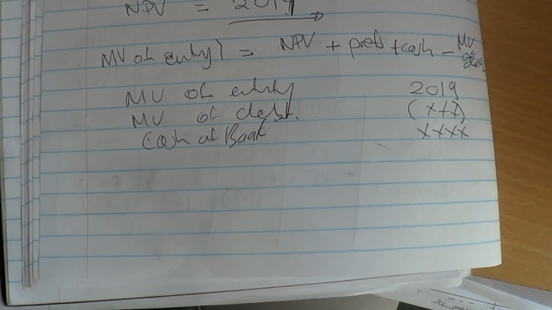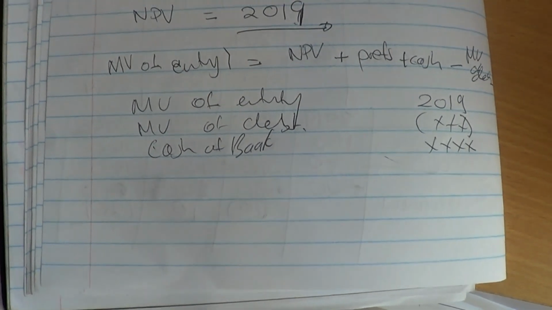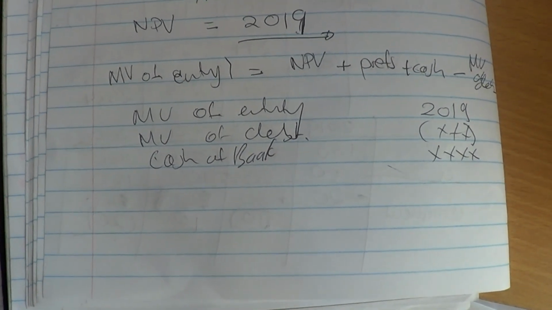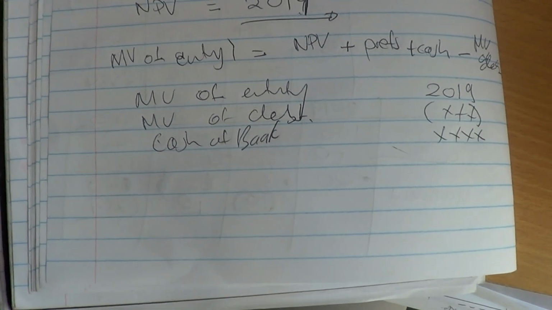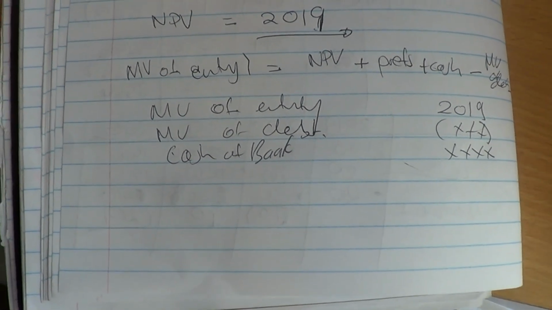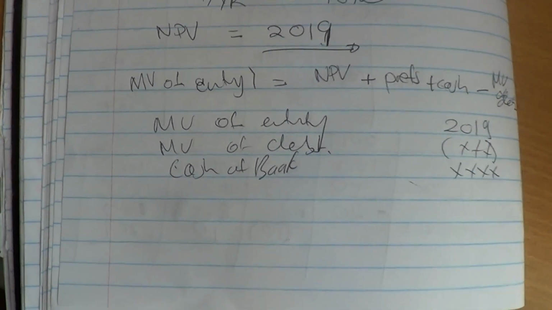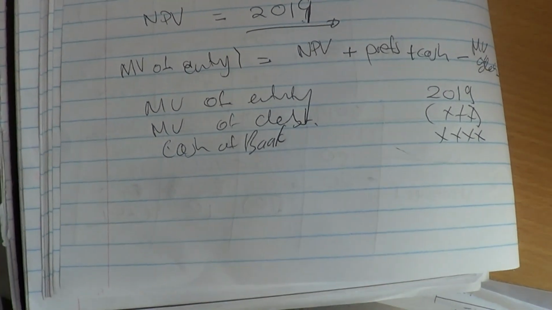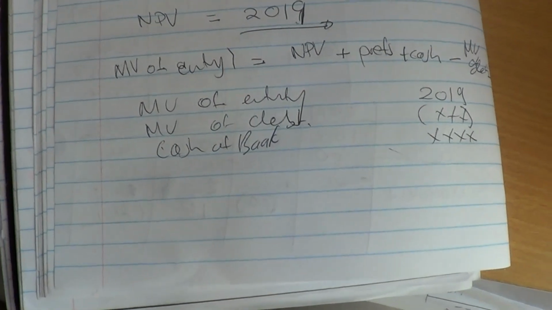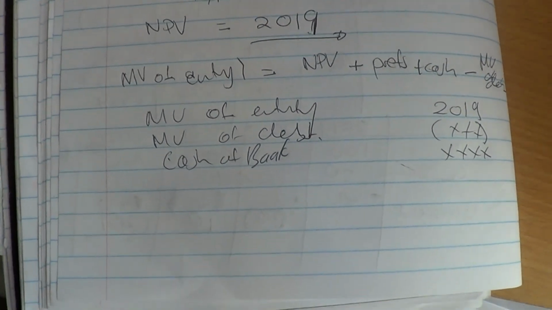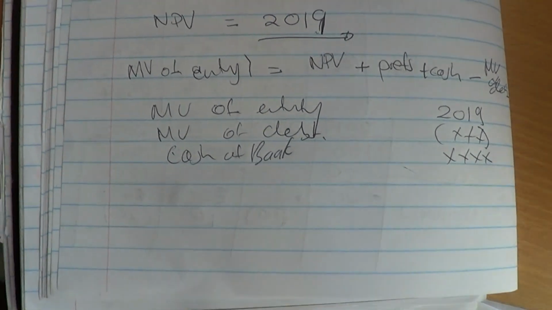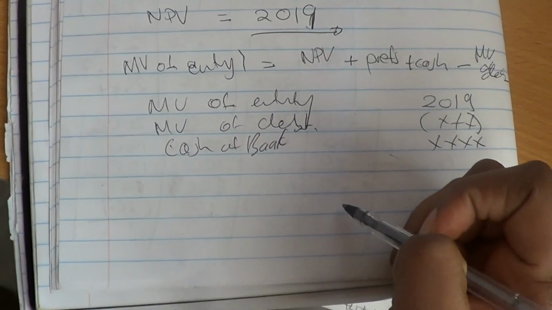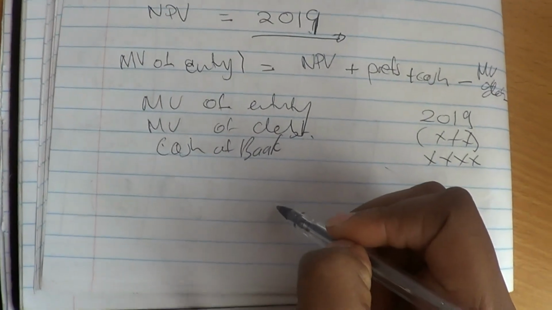They told you it was 11% that they earned as investment income, and all you had to do was take the interest which was given divided by 0.11, and that gave you the cash at bank that was being used as an investment and that they were getting investment income from.